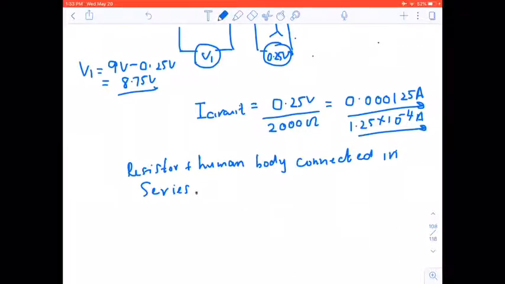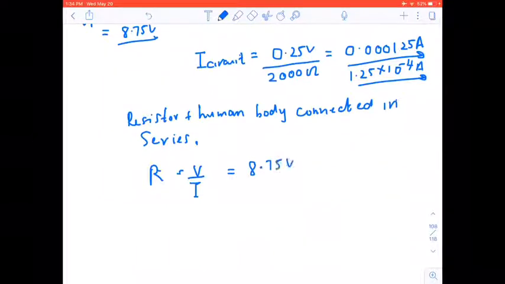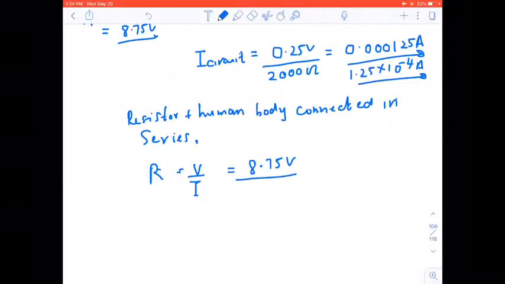And therefore, now we want R, okay? So R, the resistor, is equal to V upon I, but we know the voltage there has to be 8.75 volts, and the current that we want is 1.25 times 10 to the minus 4 amps.